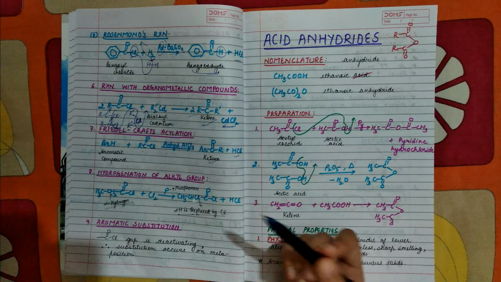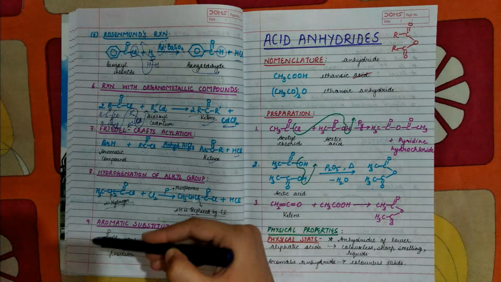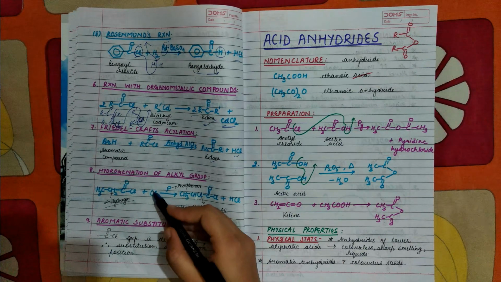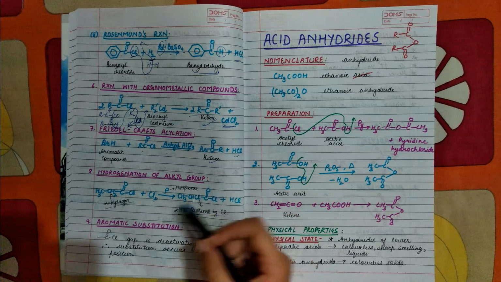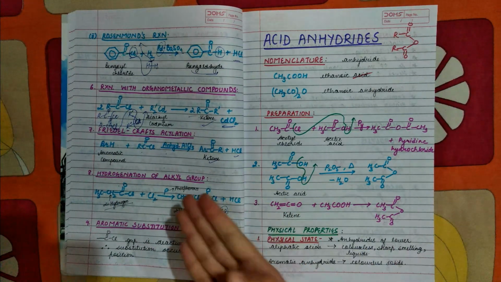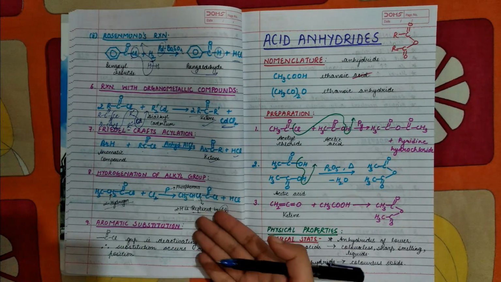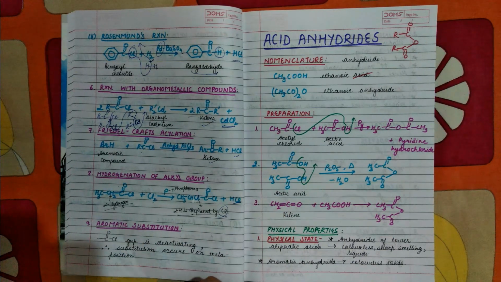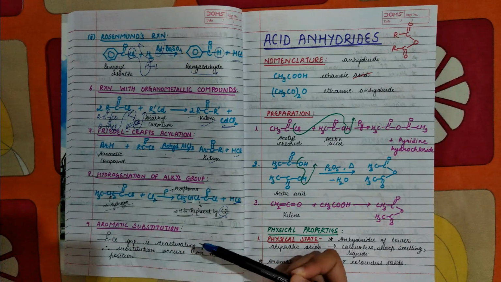Alpha hydrogens are the main priority, I mean, they are required in this reaction, otherwise this reaction cannot be done. In the presence of chlorine and phosphorus, alpha hydrogen is replaced by chlorine. So that was all about alpha hydrogens. If there is no alpha hydrogen, this reaction will not take place at all, plus HCl. Then we have aromatic substitution. This acid chloride group is a deactivating group.